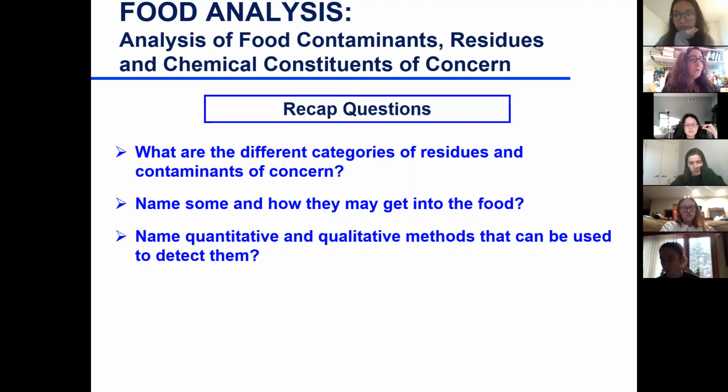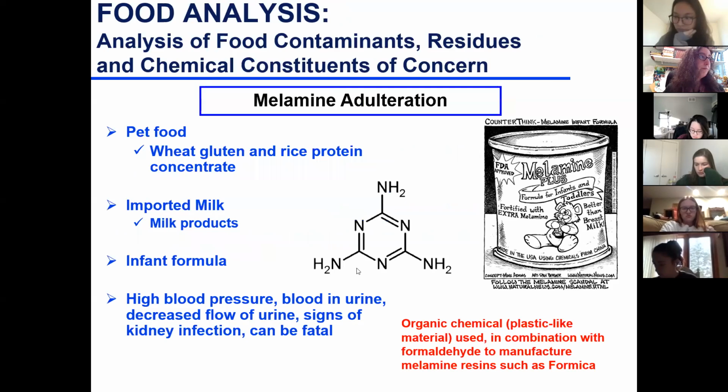For example, you can do NIR to determine presence or absence of melamine. But mainly you have chromatography linked with mass spectrometry for quantification.